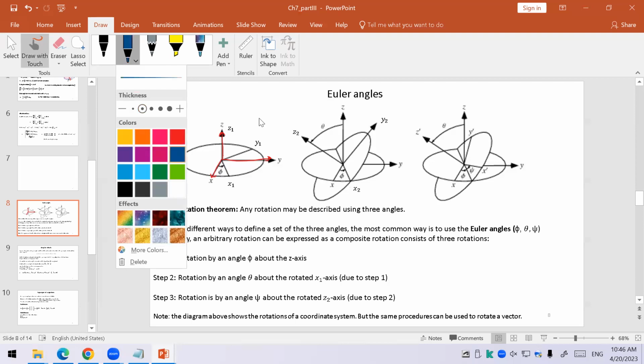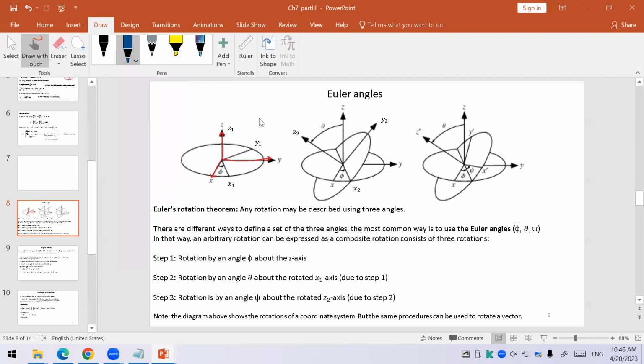So after that rotation, you imagine that I get this blue coordinate system, like this. So now let me go to step 2. So step 2, I start with the blue coordinate system. So let me draw again the blue coordinate system, like this.